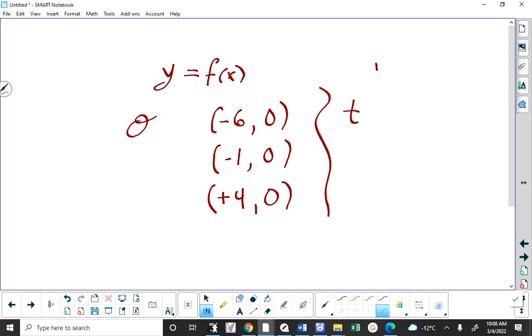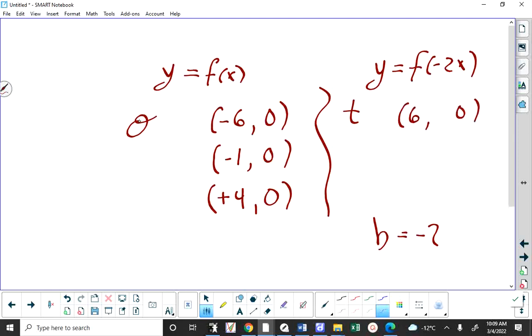On the transformed function, the original function is y equals f of x. On the transformed function, it's y equals f of -2x. That b value of -2 does 2 things. It reflects the graph horizontally. And when I reflect it horizontally, that point, -6, 0, will become +6, 0. The point -1, 0 will become 1, 0.